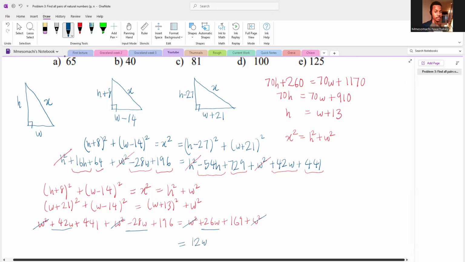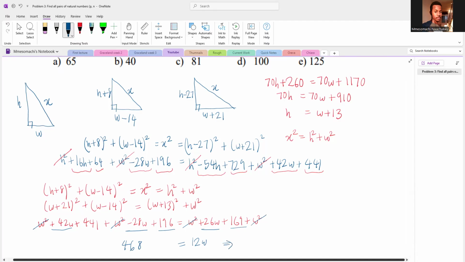Now we can look at the constants. So we have 169 minus 196, that'll give you negative 27. Then 441 minus 27 is going to give you 468. So now we can divide both sides by 12.